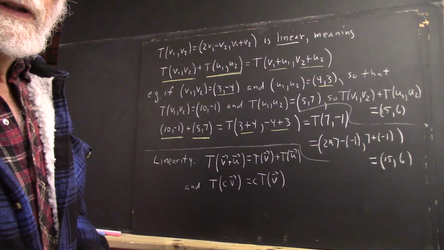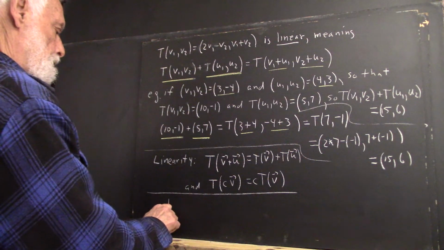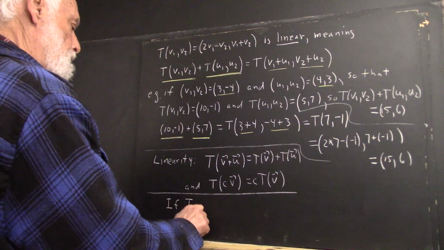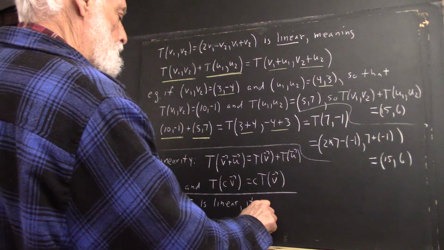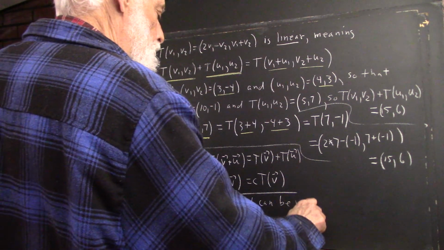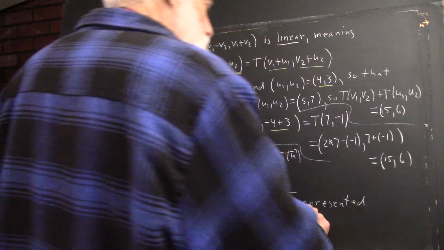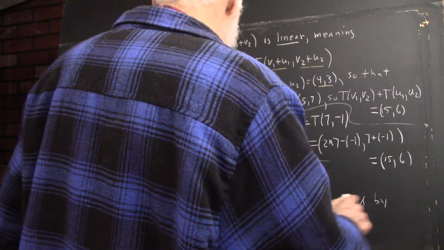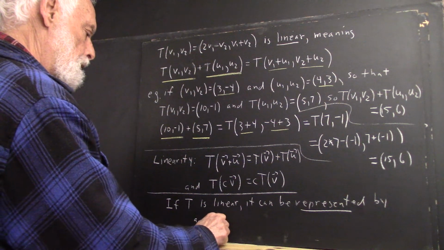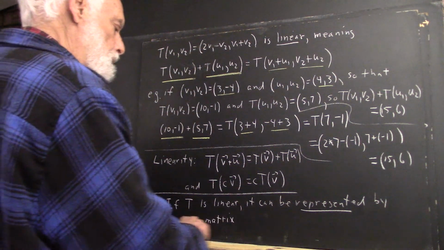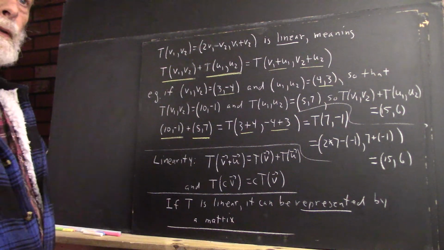If a transformation is linear, it can be represented by a matrix in a way that I've already pretty much demonstrated.